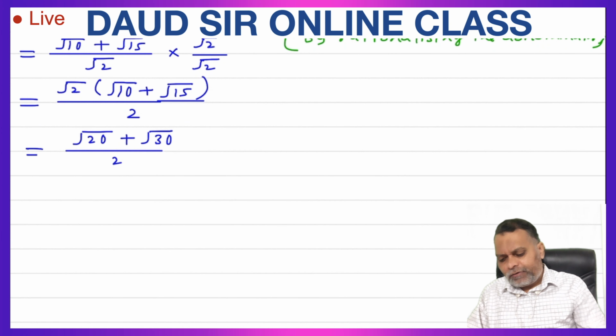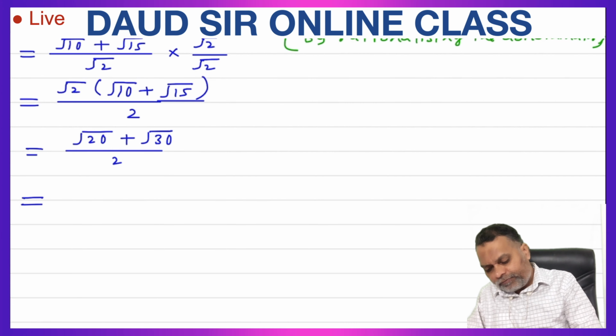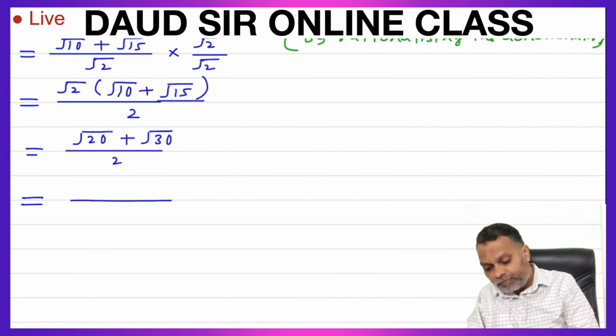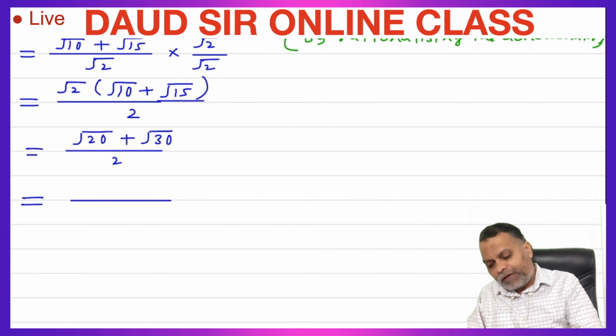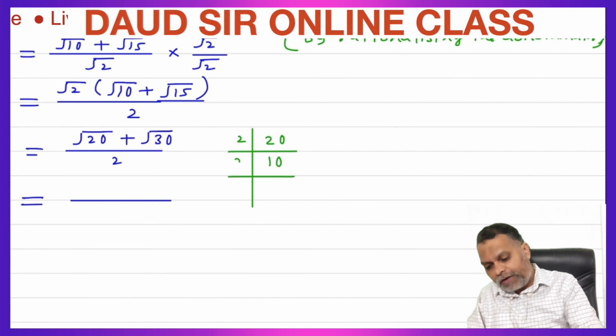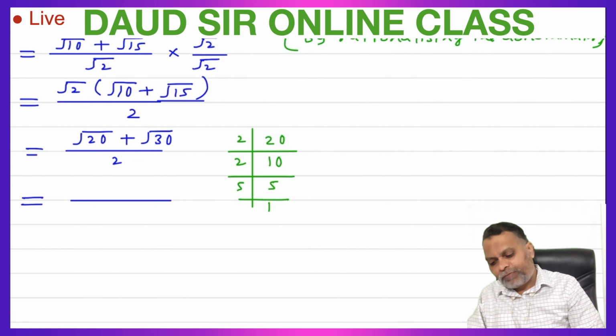This root 20 and root 30, what can we write? Factors of this 20, 4 into 5. Prime factors of 20: 2 1s are 2, 0. 2 5s are 10, and dividing by 5, 5 1s are 5.